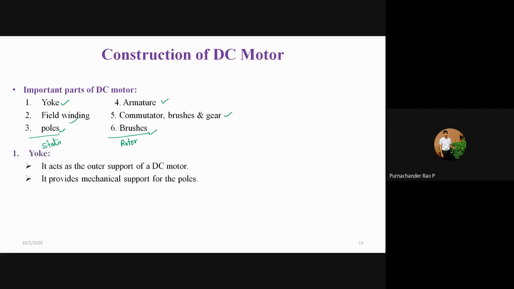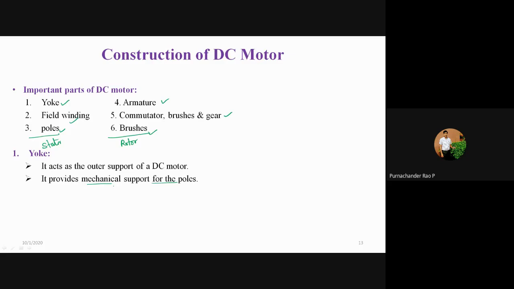And the yoke acts like an outer support for the DC motor, similar to your DC generator, and it doesn't allow the flux to flow out. Okay, so it will keep the flux which is developed by the DC motor present only inside that part, and it also provides the mechanical support for the poles.